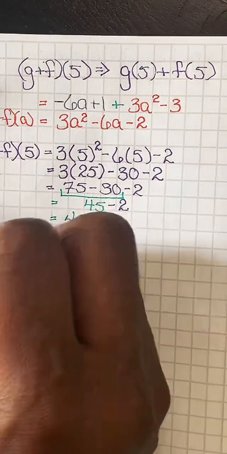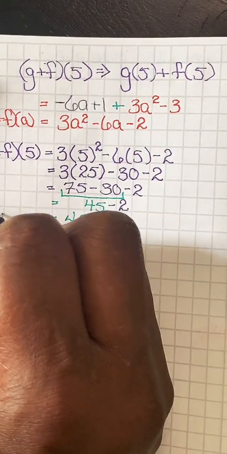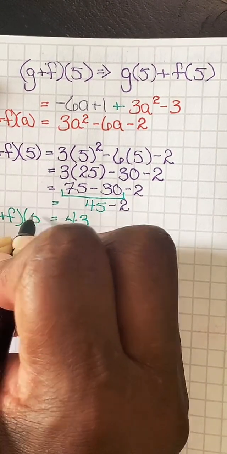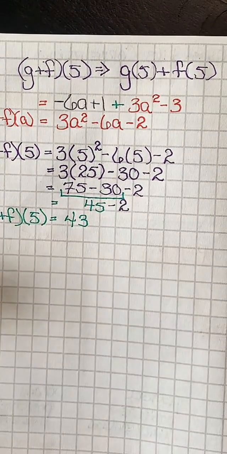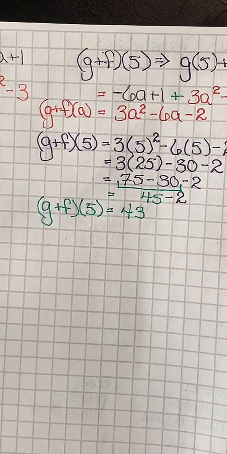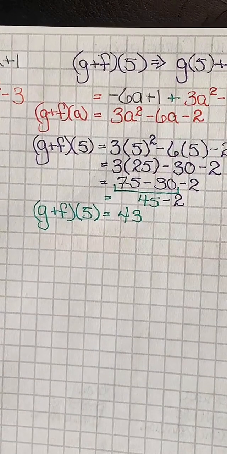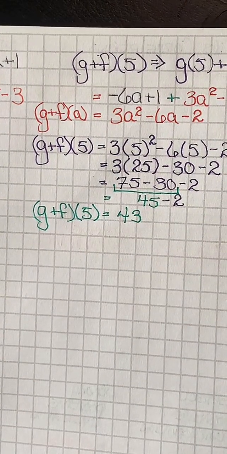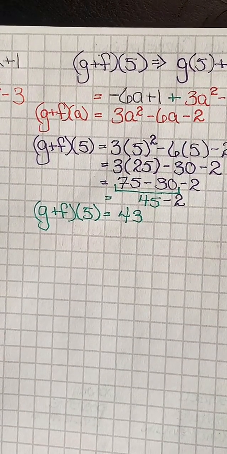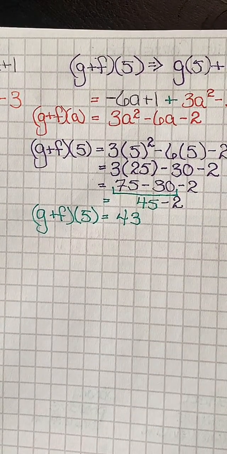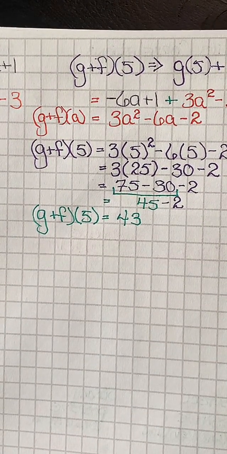All right, so this will be your G plus your F of 5. That's one way of doing it. For those that are new to my videos, I like to give options. There's always quick and dirty, but some people like to go step by step like this, and I'm perfectly fine with that.